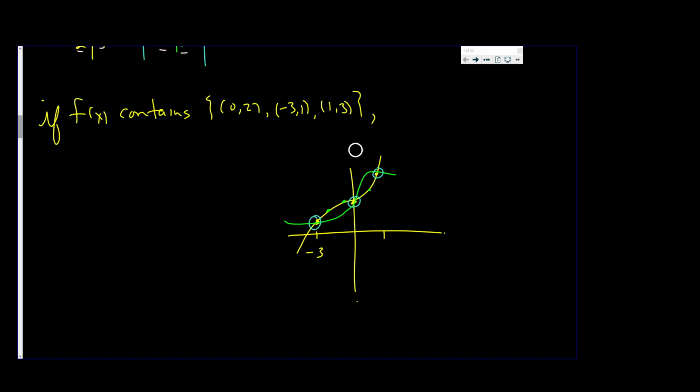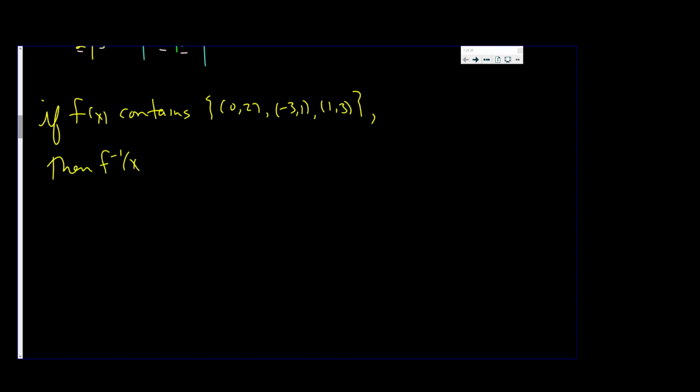Okay, so if f of x contains those points, then f inverse of x must contain what? And the answer is switch x and y. It must contain 2, 0. It must contain 1, negative 3. It must contain 3, 1.